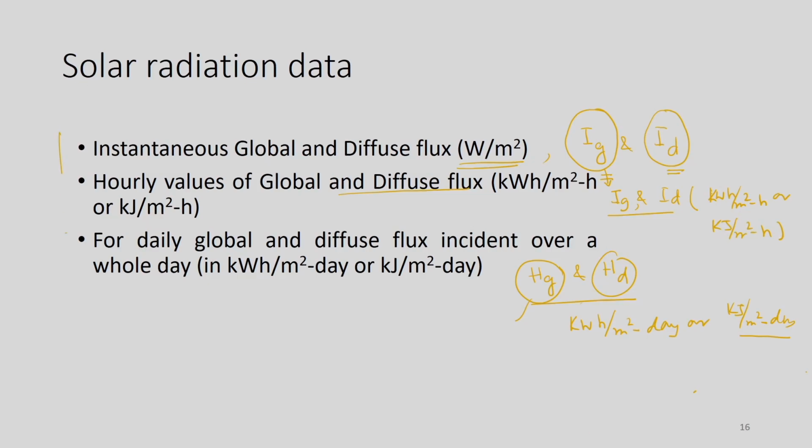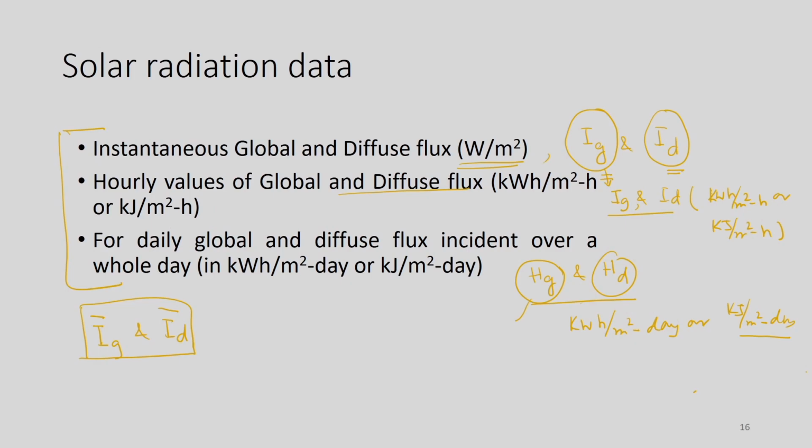On top of it, sometimes researchers are interested in average values of hourly values of global and diffuse radiation. Under those conditions, what will we use? We will use Ig bar and Id bar. So, this is for average values of hourly global and diffuse radiation flux.